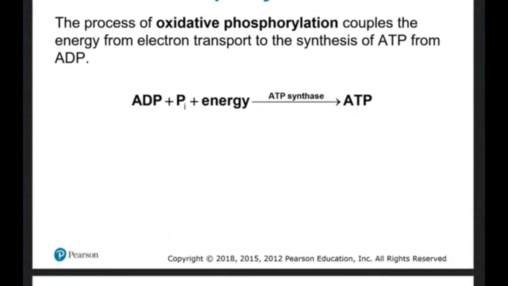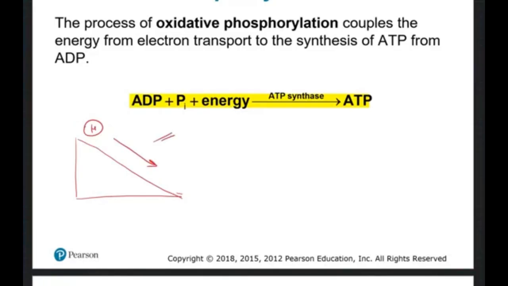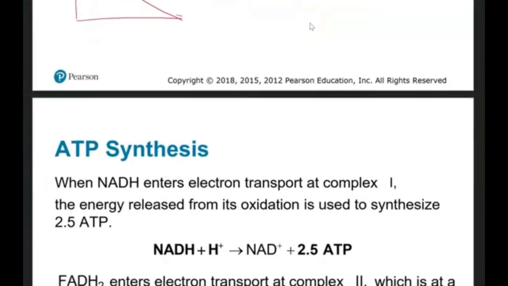So the energy of that diffusion provides energy required for ATP synthesis. So effectively, when hydrogen ions diffuse down the gradient, that releases energy. This energy is used for the ATP synthesis.